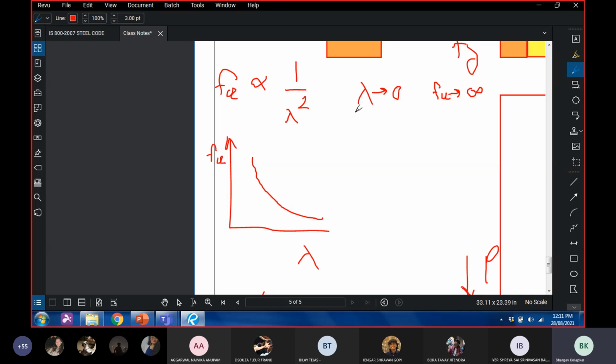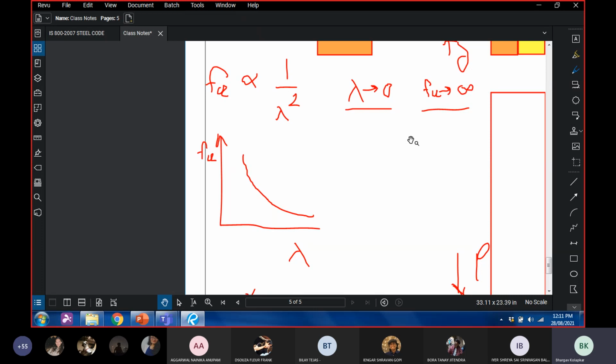Meaning that if your column is very short, it can take an infinite amount of load? Is that correct? A simple question: if the column is very short, say a 2 mm column, does it mean that it can take an infinite amount of load?